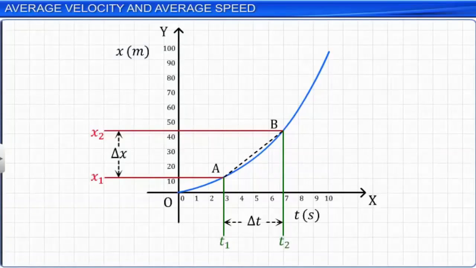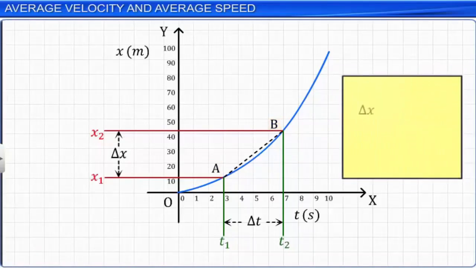Delta x is equal to x2 minus x1, which is equal to 42 minus 10, which is equal to 32 meters. Delta t is equal to t2 minus t1, which is equal to 7 minus 3, which is equal to 4 seconds.